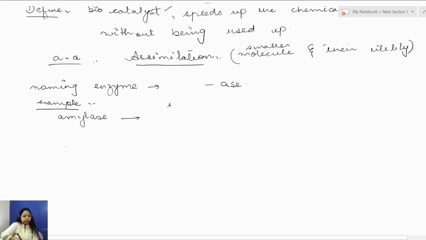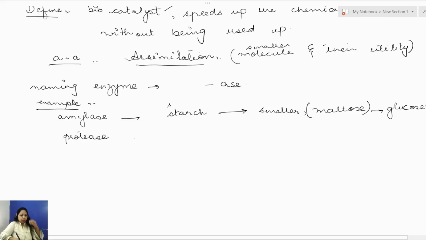It breaks down starch into the smaller molecule, the maltose one. Okay. So starch doesn't directly break down into glucose. First of all, it's converted into maltose and then into glucose. Okay. What is the function of protease?